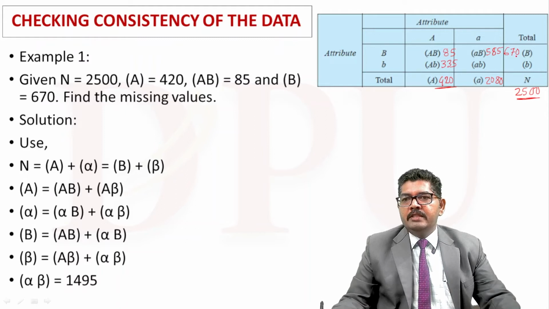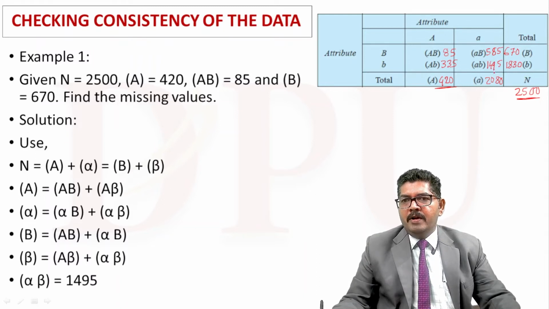Then if this is 670, this value must be 2500 minus 670. 2500 minus 600 is 1900, and 1900 minus 70 is 1830. So this value is 1830. Similarly, we can calculate this value also: 2080 minus 585. 2000 minus 585 is 1415, and 1415 plus 80 is 1495.